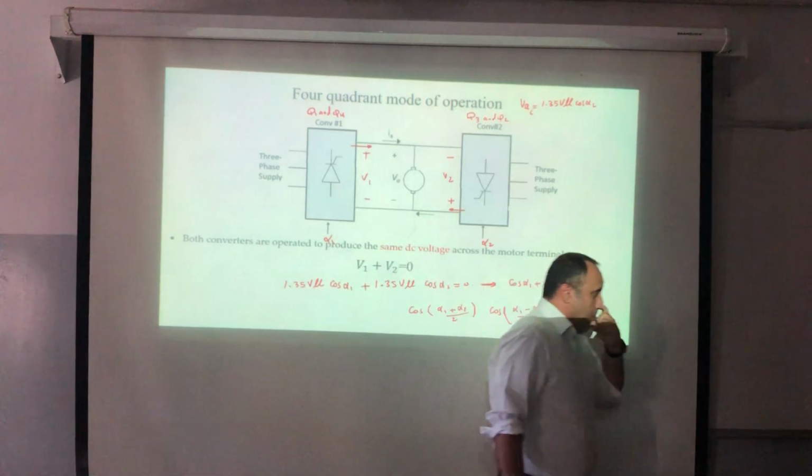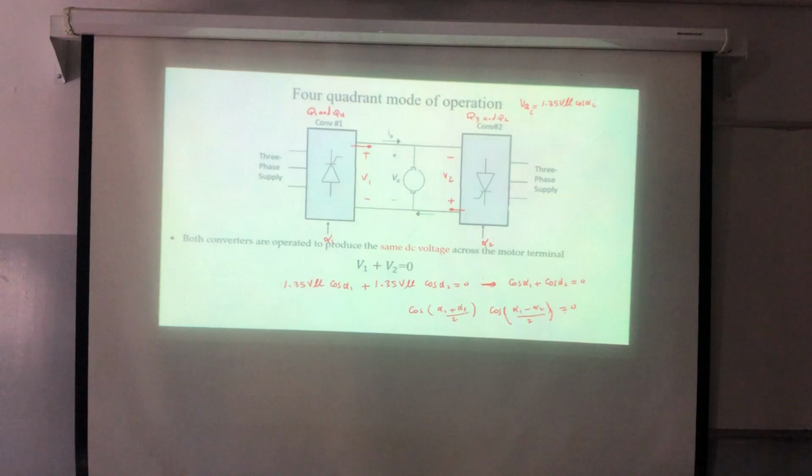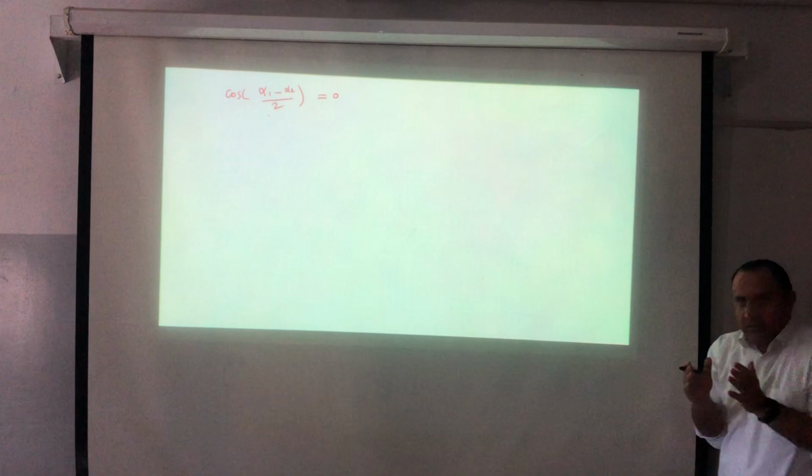So simply, I will end up with cosine of (alpha 1 minus alpha 2) over 2 must equal 0. So simply this means that the cosine should equal 0 at pi over 2.